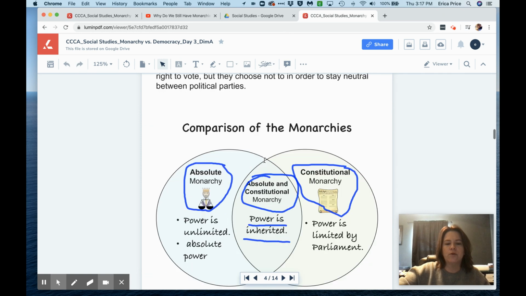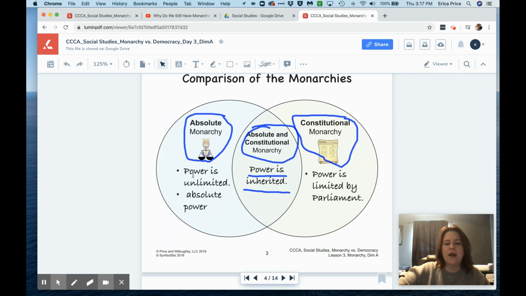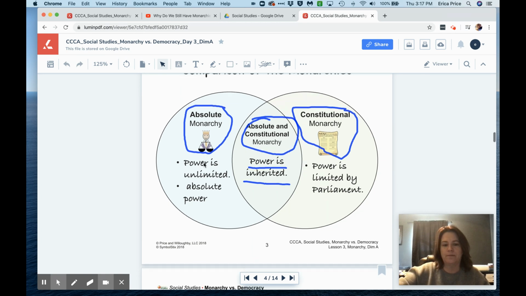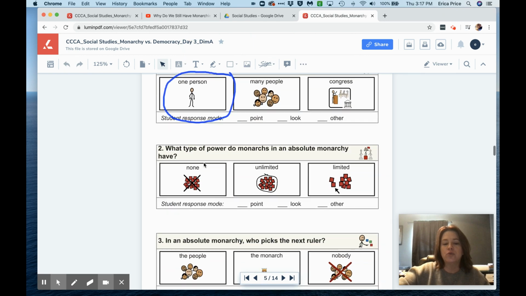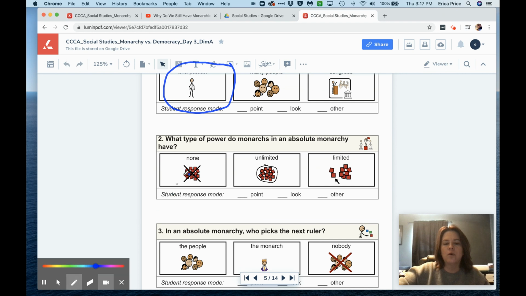What type of power? Power is unlimited. They have absolute power in an absolute monarchy. So if we come back here and look at question 2, it says, what type of power do monarchs in an absolute monarchy have? It's unlimited. So you should have number 2 written down in the word unlimited.